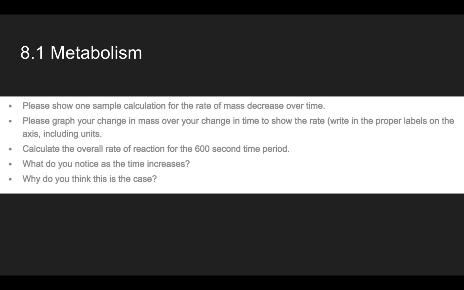Remember that as a guideline, your x-axis is always your independent variable, whereas your y is your dependent variable. Calculate the overall rate. Analyze with those two questions. What happened as time increased? And then why do you think that happened?